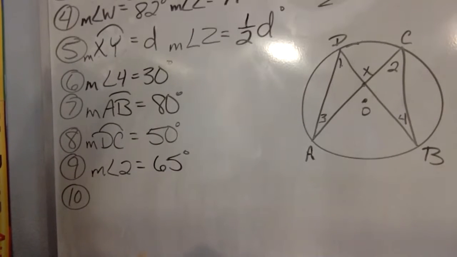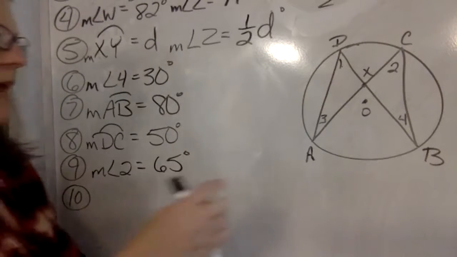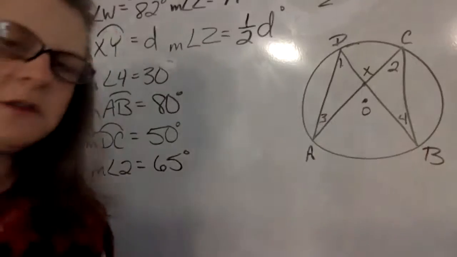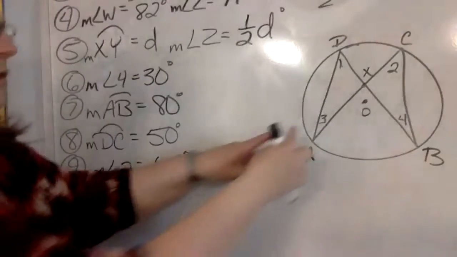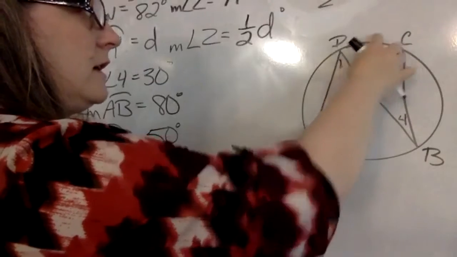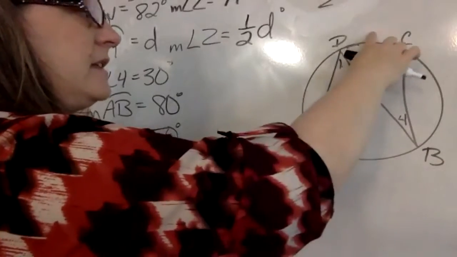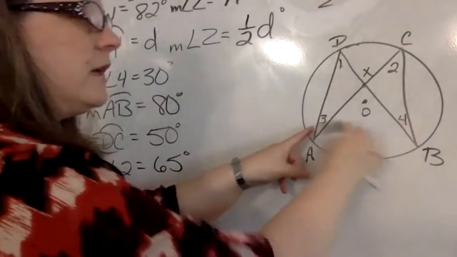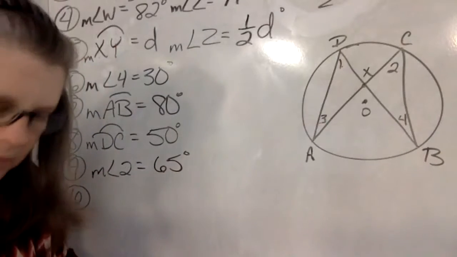Number 10, it says if the measure of angle 3 is 28, find the measure of angle 4. So now if you look closely at this one, angle 3 is right here. So this arc is twice that, but that's the same arc that angle 4 intercepts. So angle 3 and angle 4 are going to have to be congruent.